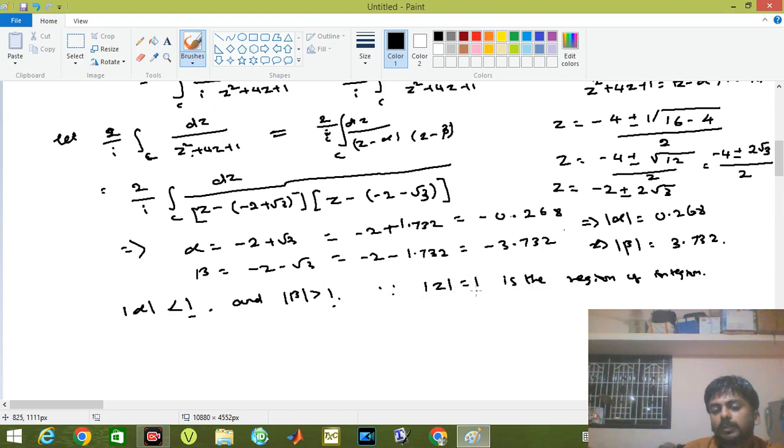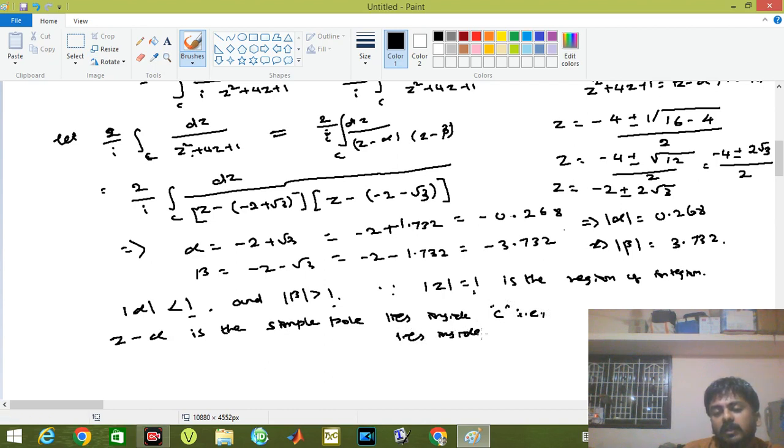This is a unit circle. So we can write: z equal to alpha is a simple pole that lies inside C, that is, lies inside modulus of z equal to 1.